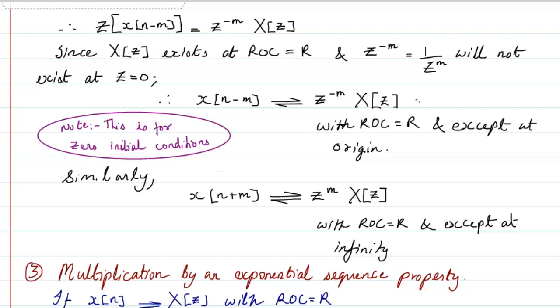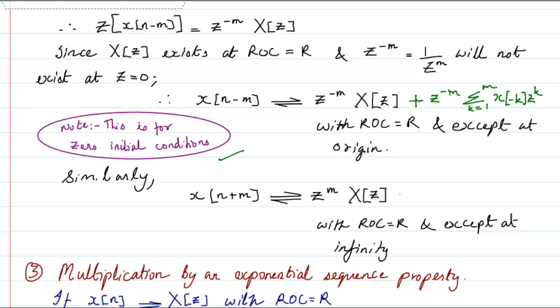I have not written it here, but I want you to write that if there is initial condition, then there will be plus z raised to power minus m, summation k is equal to 1 to m, x of minus k, into z raised to power k. Okay, this will be if there is no zero initial condition. That means if there is initial condition.